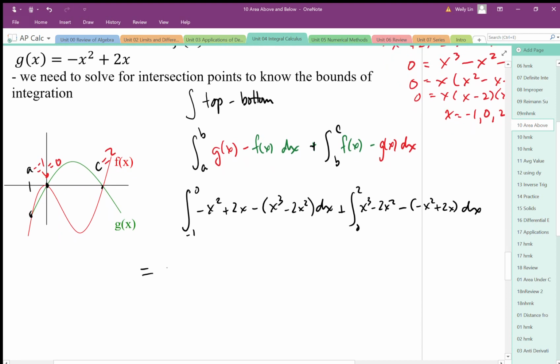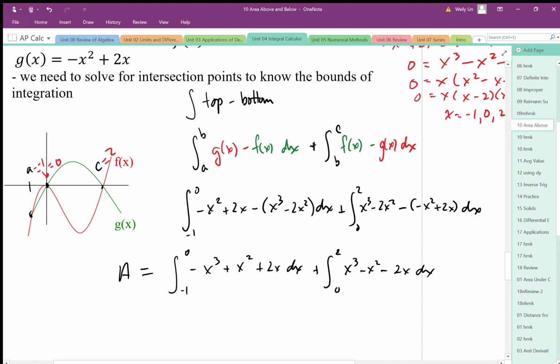So then working this out, I'm going to first combine my like terms. So I get plus 2x squared minus x squared, so positive x squared plus 2x dx, plus, combining my like terms, x cubed minus x squared, minus 2x dx.